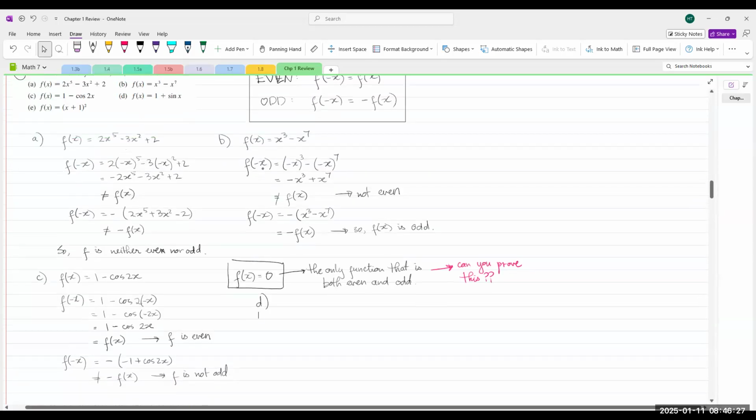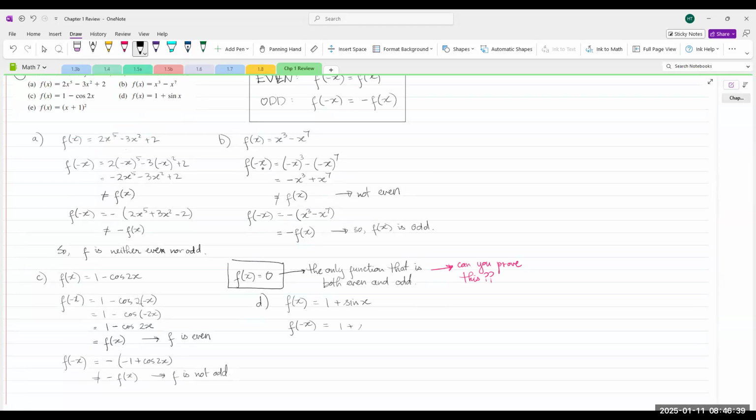Okay, part D, f(x) = 1 + sin x. If we take a look at f(-x), this is 1 + sin(-x). But sine of negative is negative sine. It's an odd function, right? So you see that this is not equal to the original function.